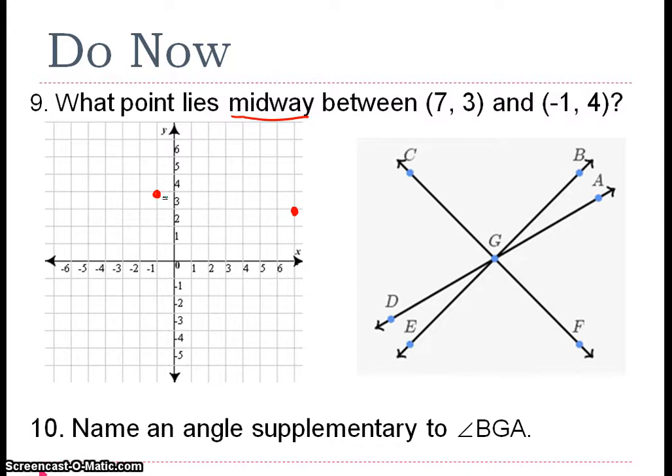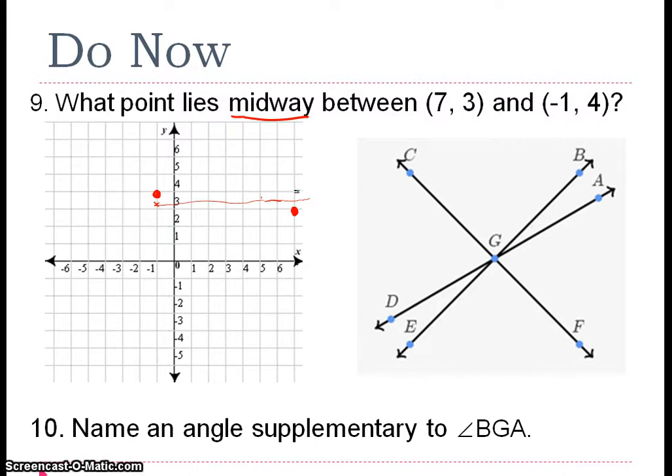So in order to find the point that's midway between them, first let's figure out how far down I have to go. So I have to go down 1. So that means I'll be going down 1/2 to go midway between. So it'd be somewhere on this line. And then how far over do I have to go? I have to go over 1, 2, 3, 4, 5, 6, 7, 8.